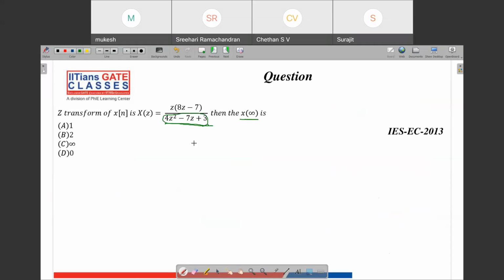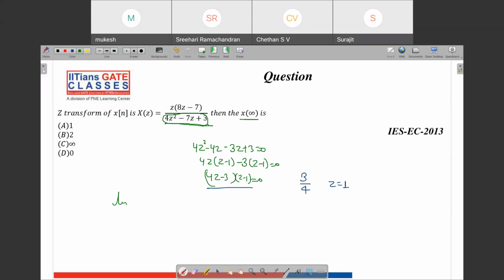When you do that, you will get something like this: 4z square minus 4z minus 3z plus 3. So you will get 4z into z minus 1 minus 3 into z minus 1 equal to 0. So 4z minus 3 and z minus 1 equal to 0. So these are the poles. One pole is inside the circle and one pole is just at the circle. So you can apply the final value theorem here.